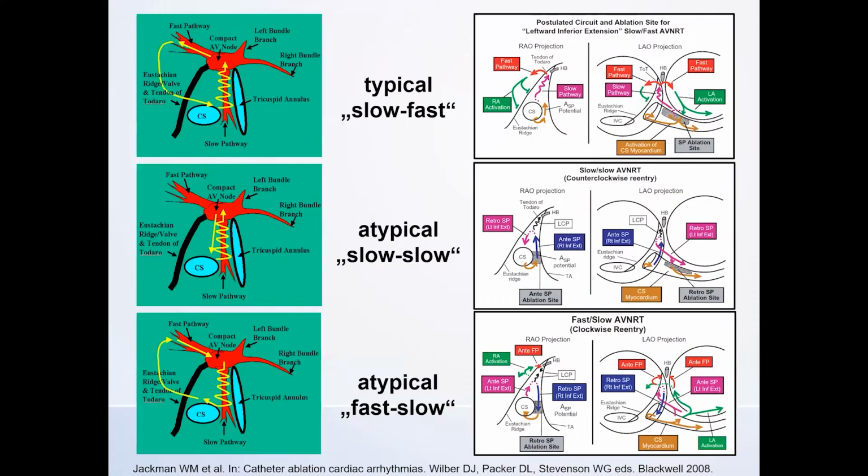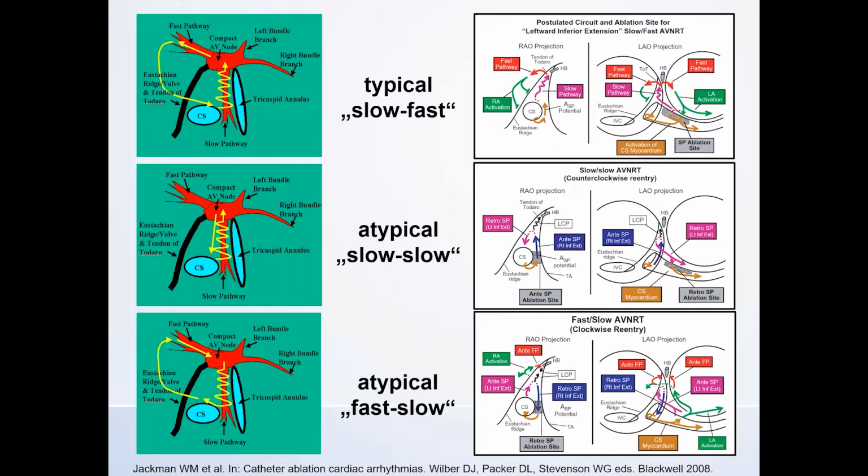There are many ideas how the electrical waveform exits from perinodal tissue and how it re-enters again. The circuits, of course, vary depending on the phenotype of AVNRT, like presented in the figure here, but don't worry. This lecture will not be focused on the complicated physiology of AVNRT. All these virtual circuits are relatively weakly supported by mapping data.